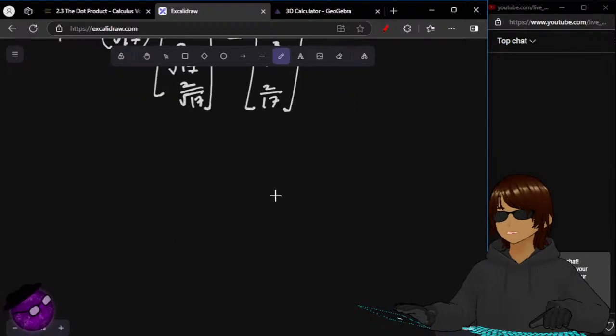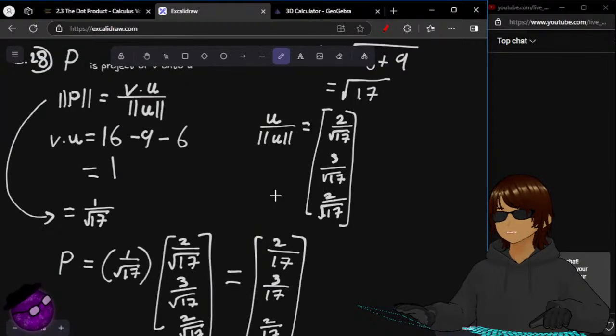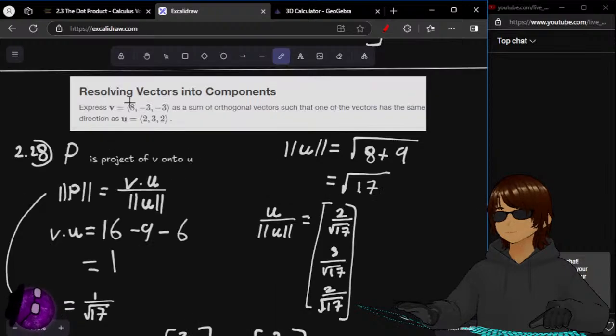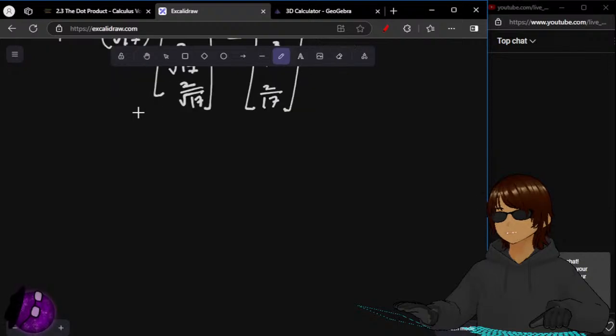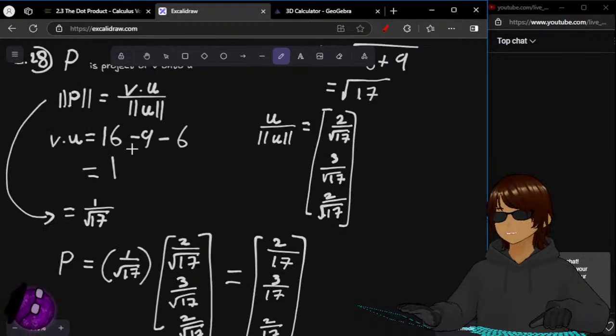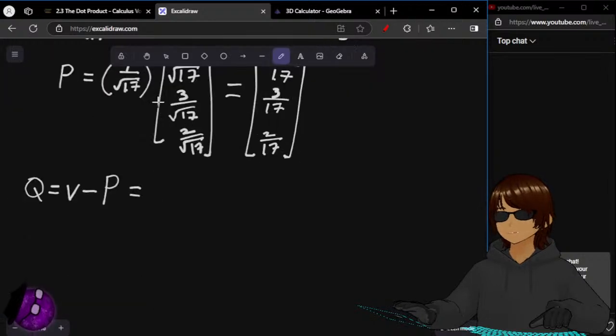So this is P. Then Q is V minus P, right? V minus P, which is 8 minus 3 minus 3.